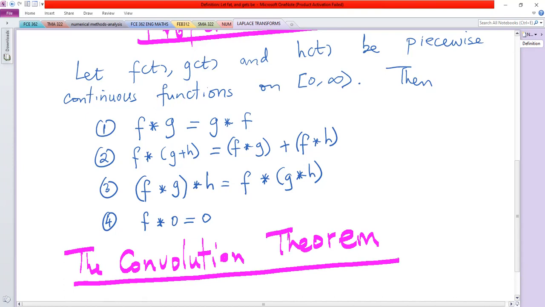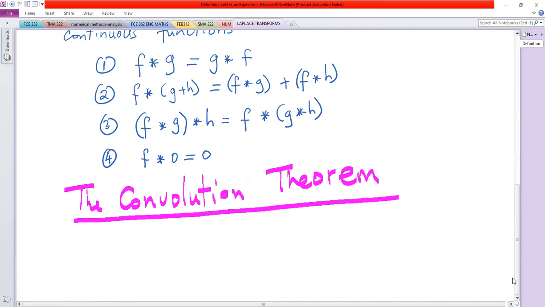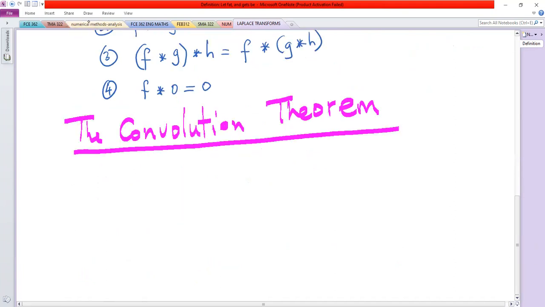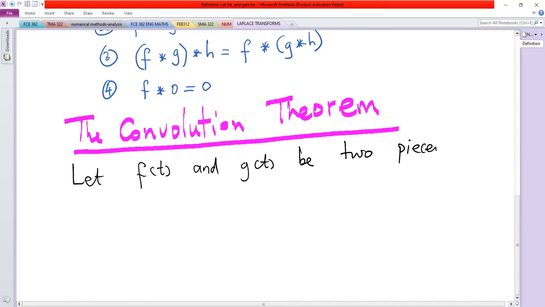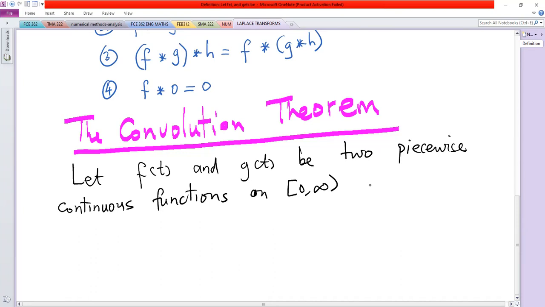The convolution theorem says that if we have two piecewise continuous functions on the interval 0 to infinity, then, so let f and g be two piecewise continuous functions on the interval 0 to infinity.